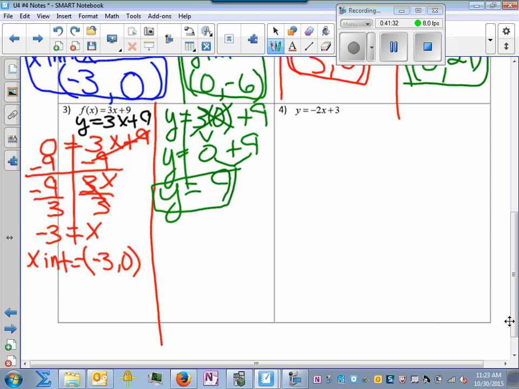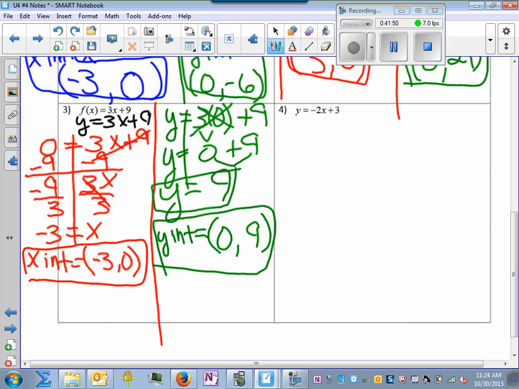But these are the steps of how that worked. So my ordered pair is my y-intercept is 0, comma 9. Remember, 9 is my y value, and y comes second. So these are my two answers, here and here. I'm going to draw my line here.